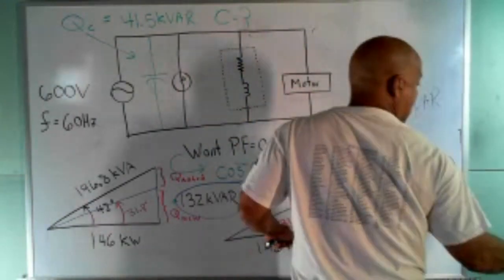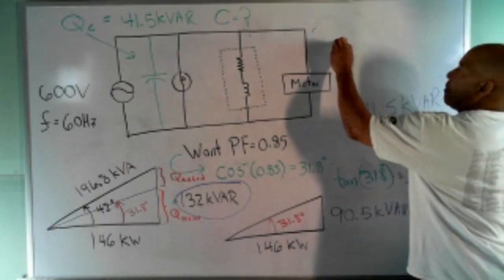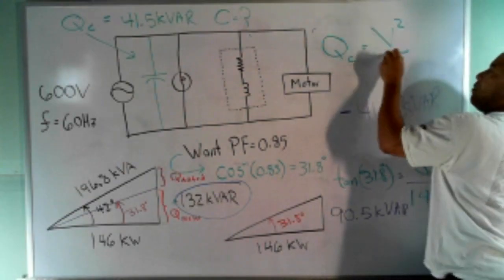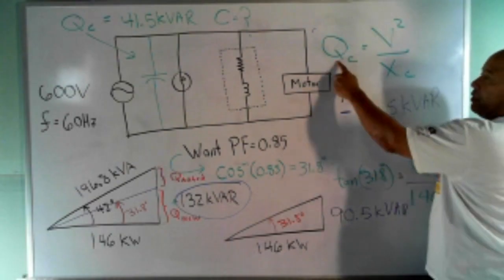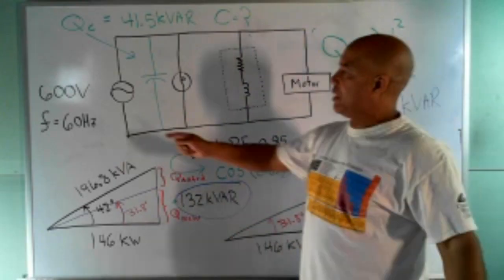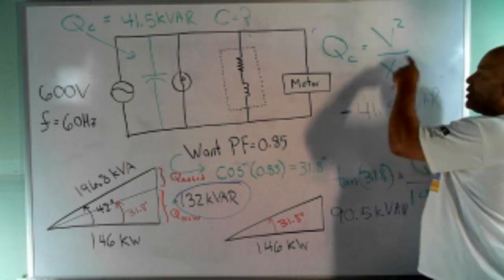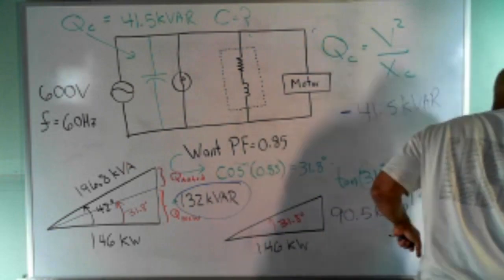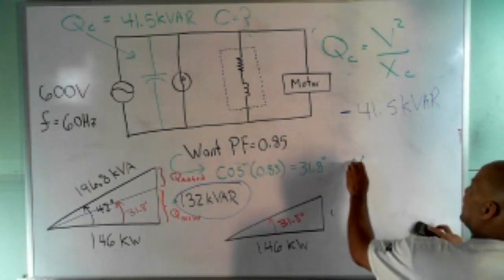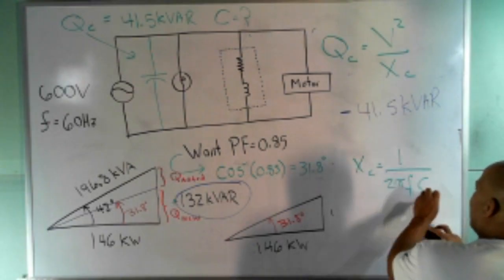One form of Watt's law says that power, QC, is equal to the voltage squared over the opposition, XC. We just figured that out. That's 41.5, the system power, because they gave it to me. The only thing I don't know is XC. I can solve this for XC, and then I know that XC is 1 over 2 pi FC.